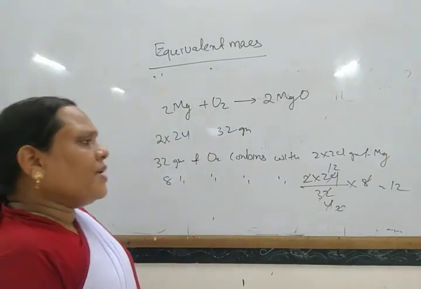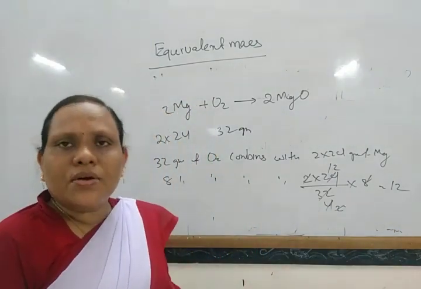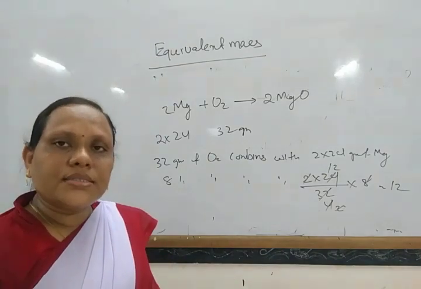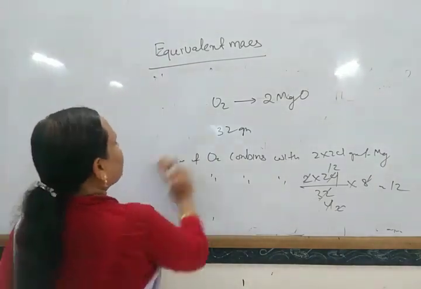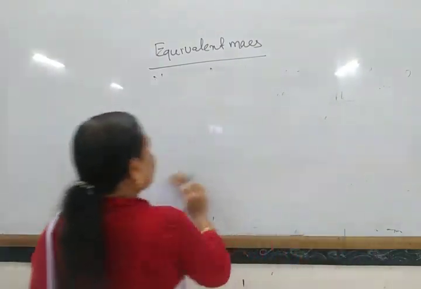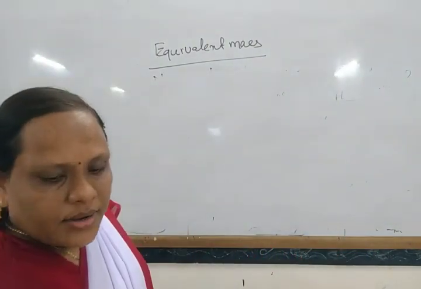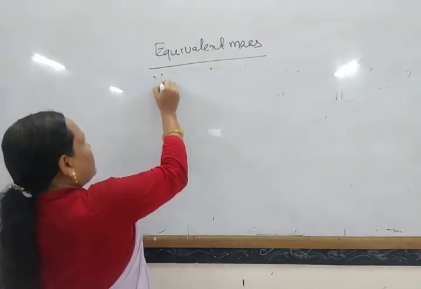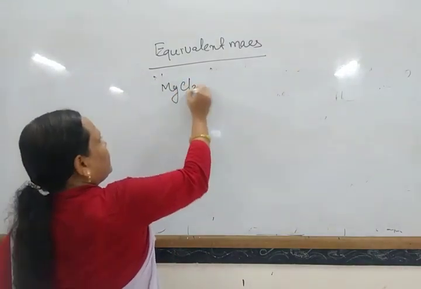Similarly, by comparing with chlorine also we can find the equivalent mass of any metal or any substance. Look at the formula MgCl2.